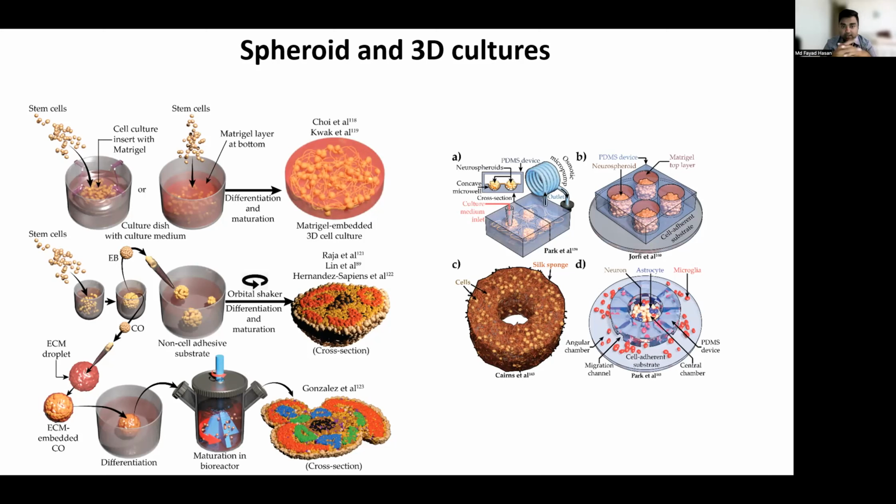Which means these are small 3D brain-like things that originated from a human patient who has a disease. They are now promising to give us a better understanding of what happens in a human brain with a disease like Alzheimer's or epilepsy.